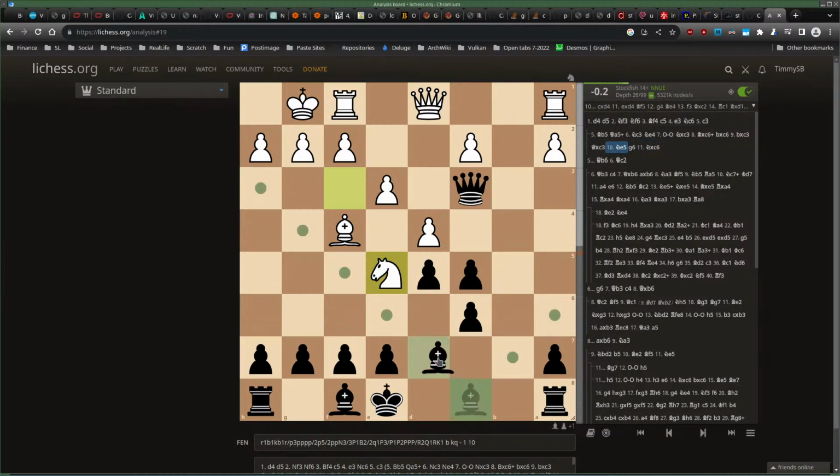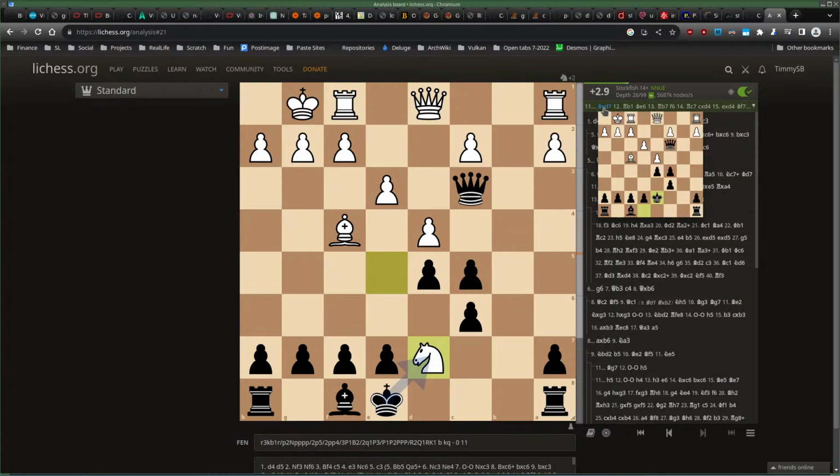Let's say I would have tried to defend it, and then they are +3. No, what did I do? It's not funny whatsoever. This take. I take. Why is this so bad?